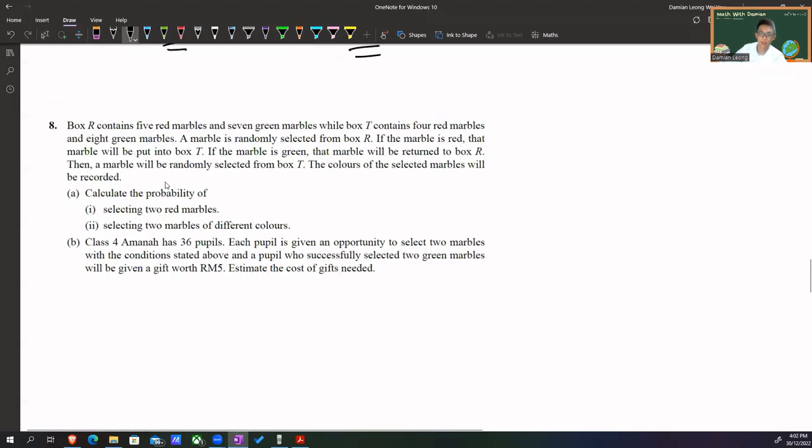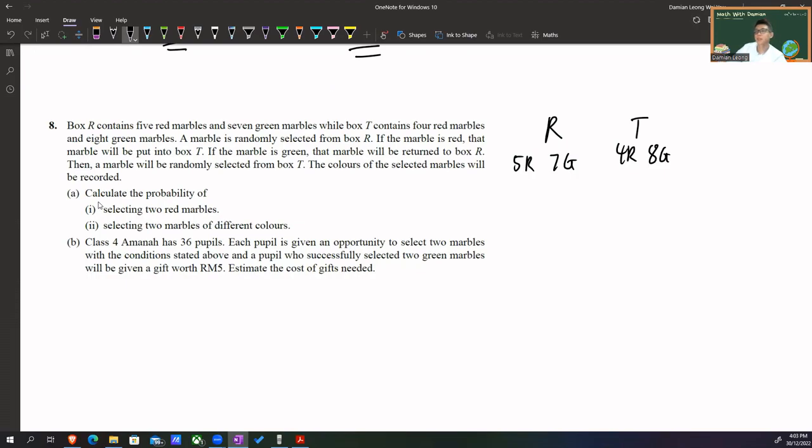Then question 8. Box R contains 5 red marbles and 7 green marbles, while box T contains 4 red marbles and 8 green marbles. Okay, so for this, I like to list out the information here. 5 red, 7 green for box R, box T, 4 red, 8 green.